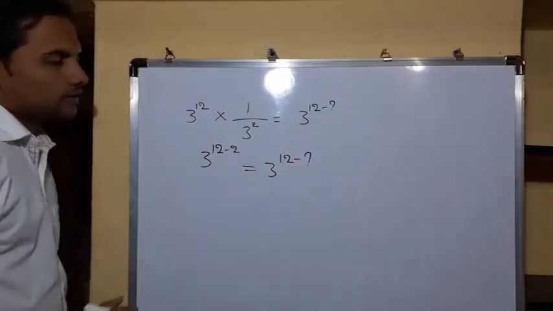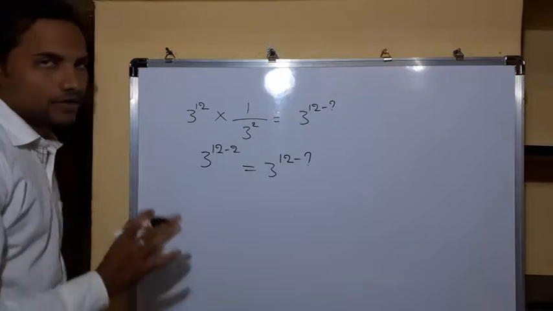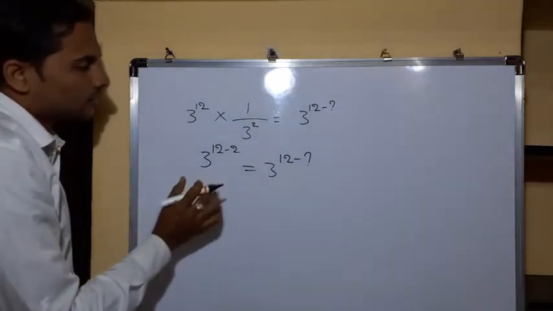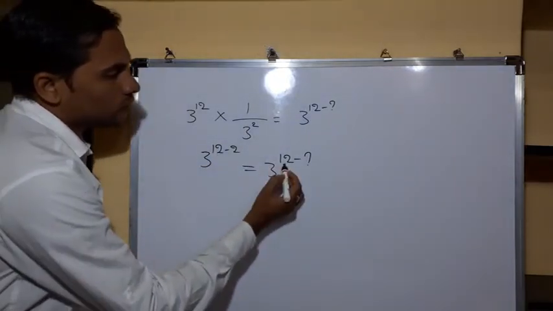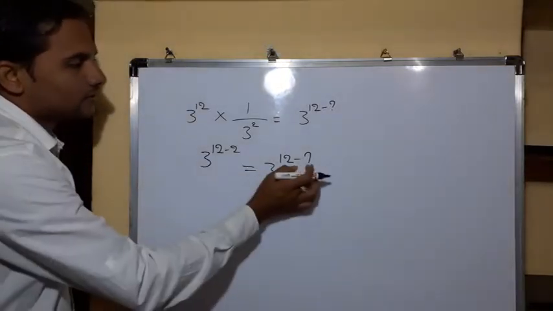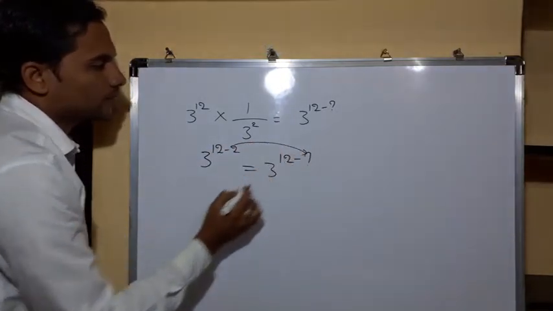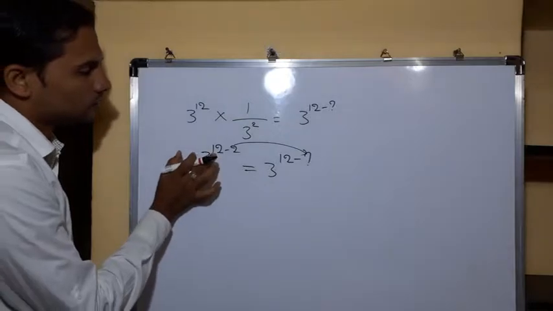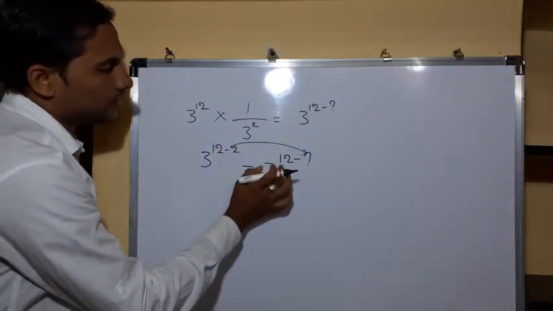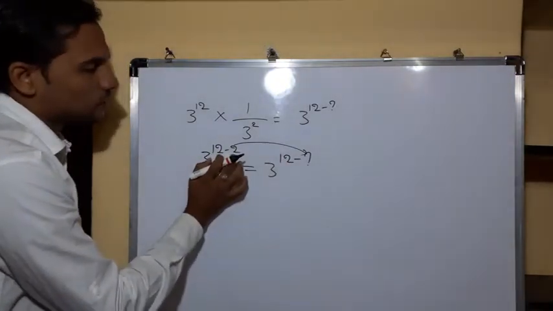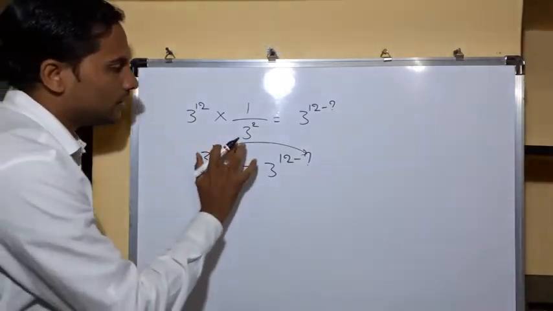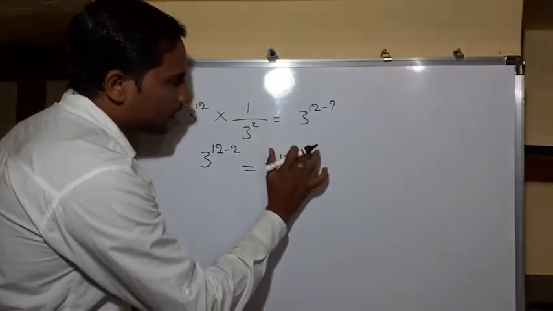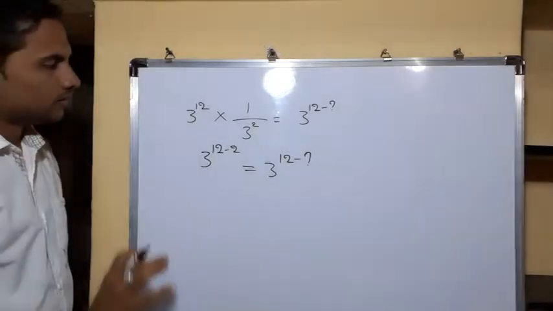Now see here, friends, there are two ways to solve now. Here we have 12 minus 2 and 12 minus question mark, so directly we can say that this question mark is 2. Otherwise, if you are not getting that, apply the law of indices itself.